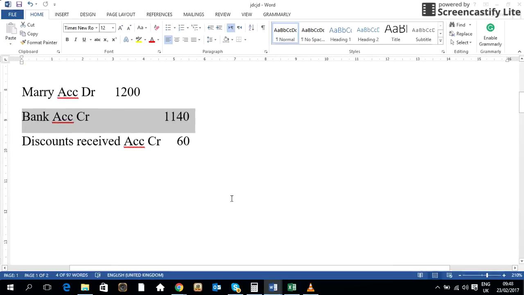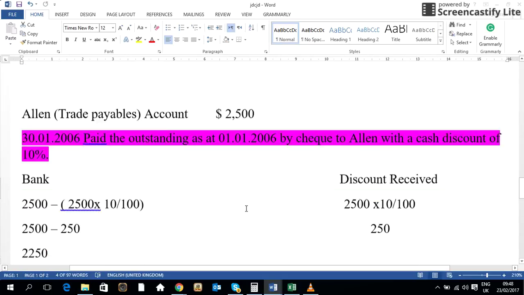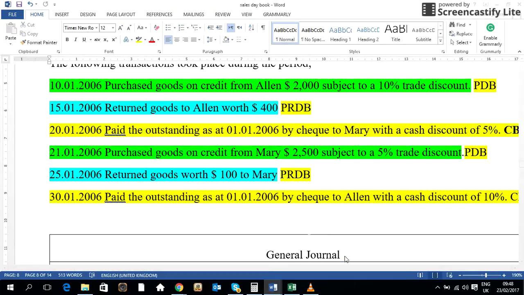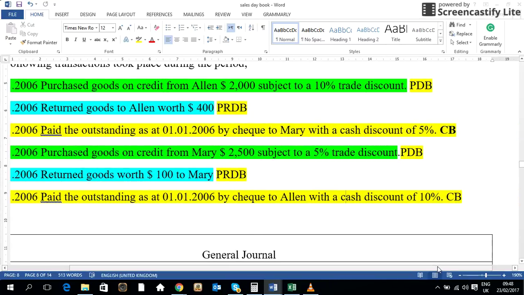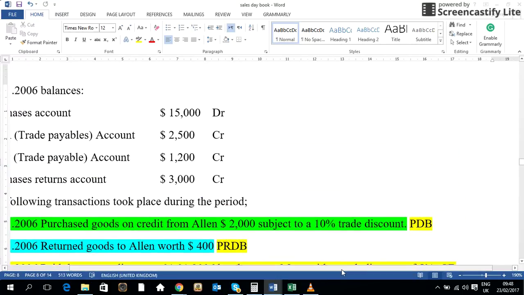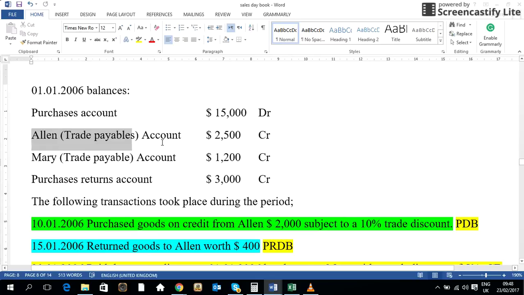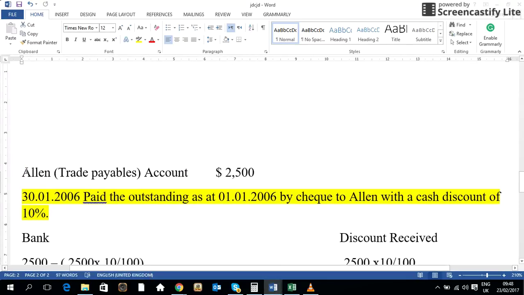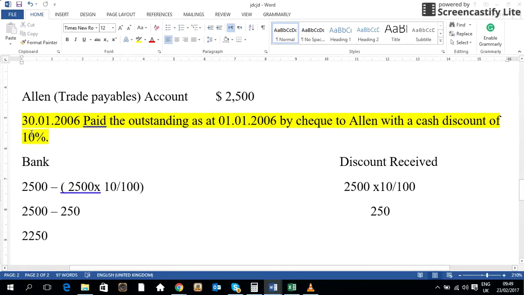Okay. Let's look at the second one, the transaction which happened on 30th. So in the question, you can see 30th, paid the outstanding as at 1/1/2006 by check to Alan with a cash discount of 10%. At the beginning, the business owed to Alan was 2,500. So 2,500 is the amount at the beginning of the year the business owed, and then there is a 10% of cash discount.